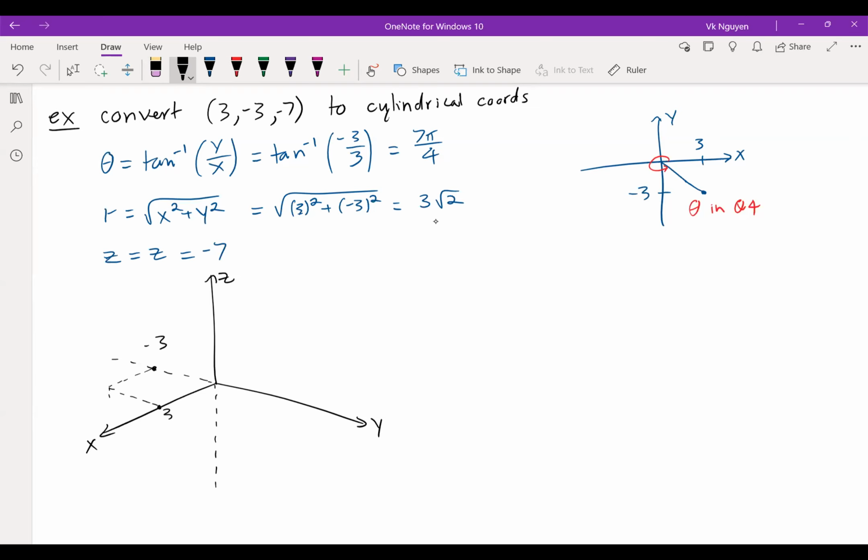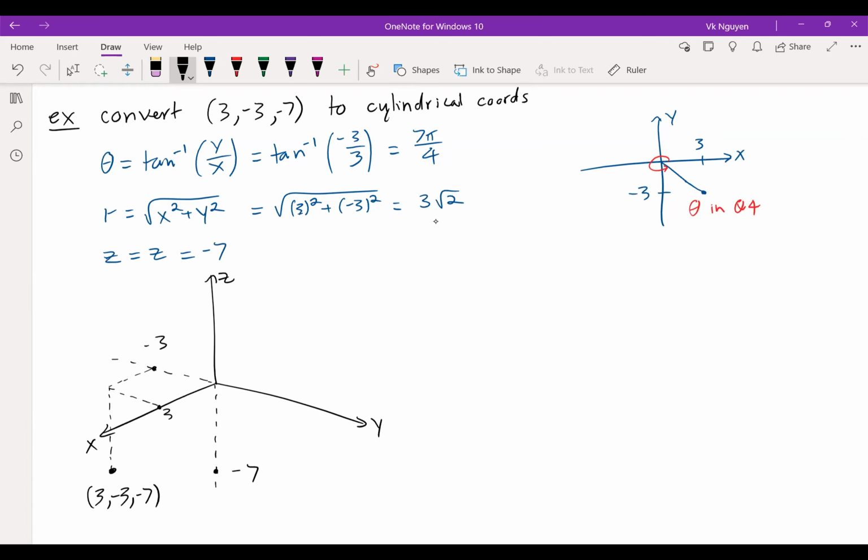Right here, and then you go down until you get to -7. Yeah, that looks good. So 3, -3, -7 is that point right there.